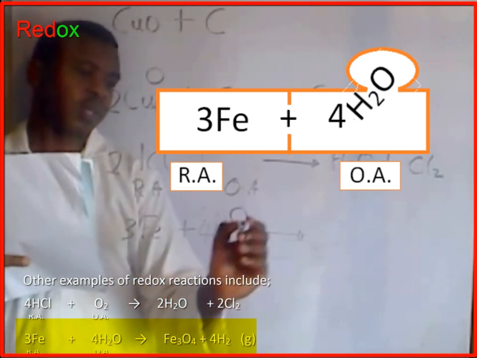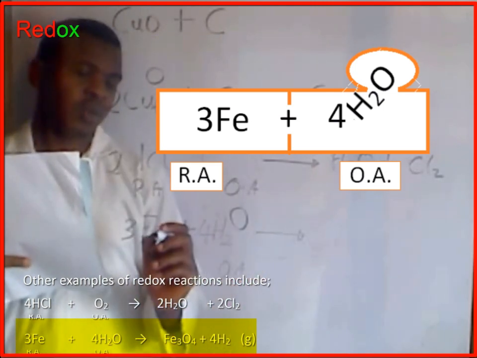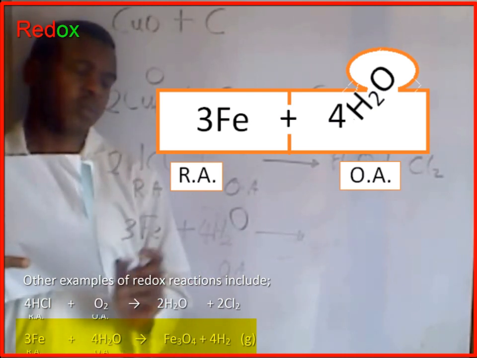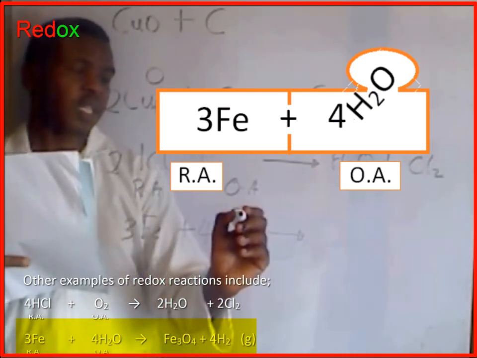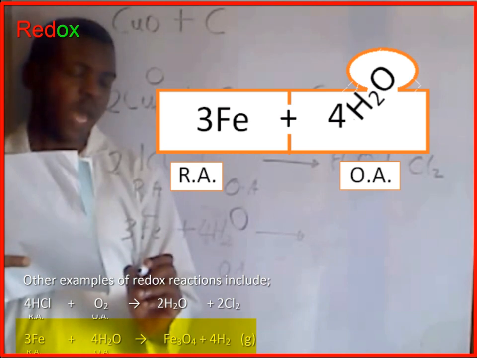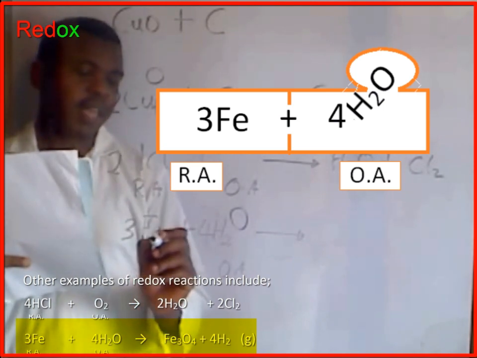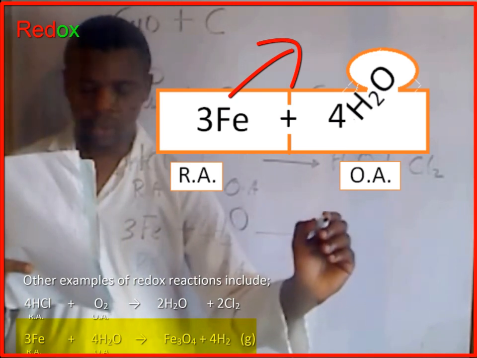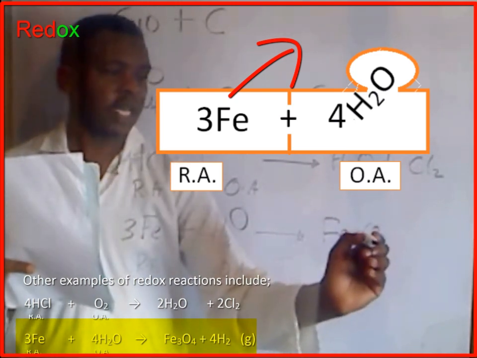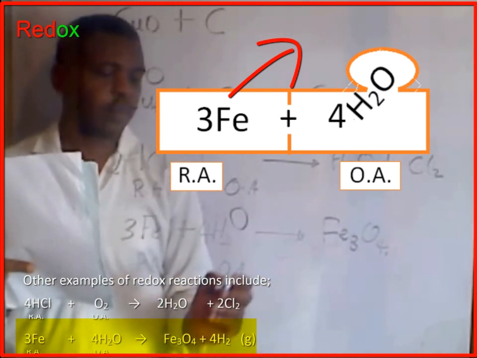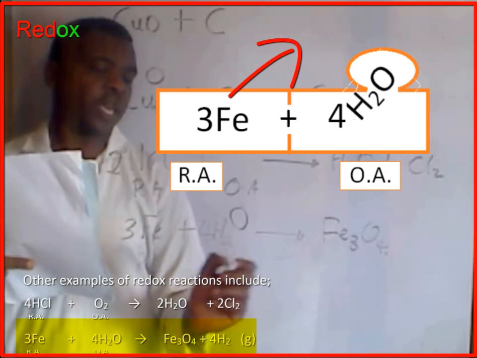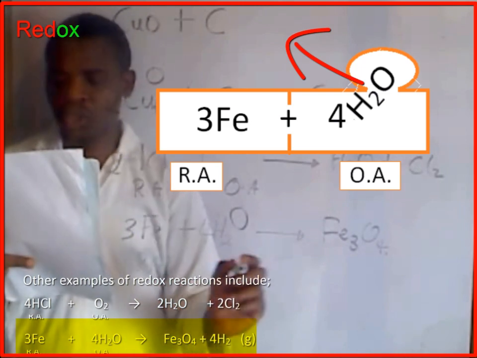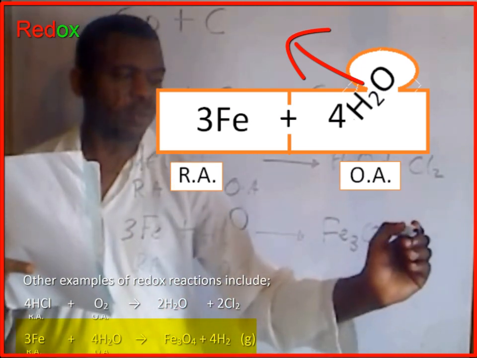Iron reacts with the oxygen, so iron is the reducing agent. Iron accepts the oxygen, so iron is a reducing agent, and the iron is oxidized to iron oxide, while the oxidizing agent, water, is reduced to hydrogen.